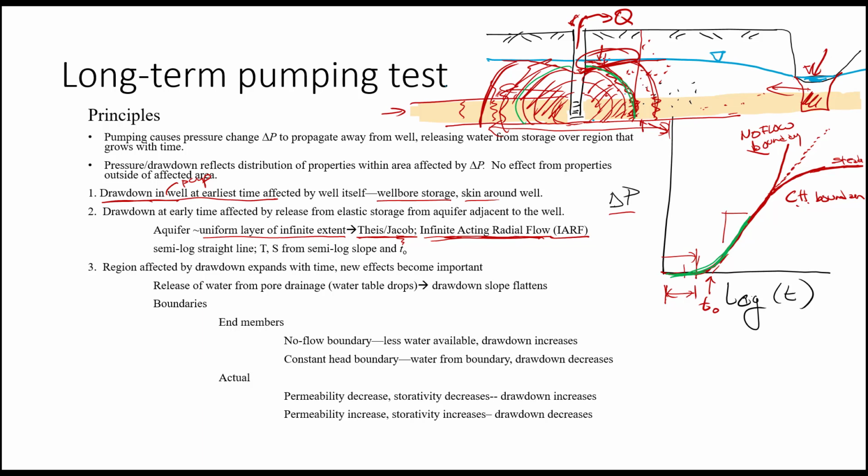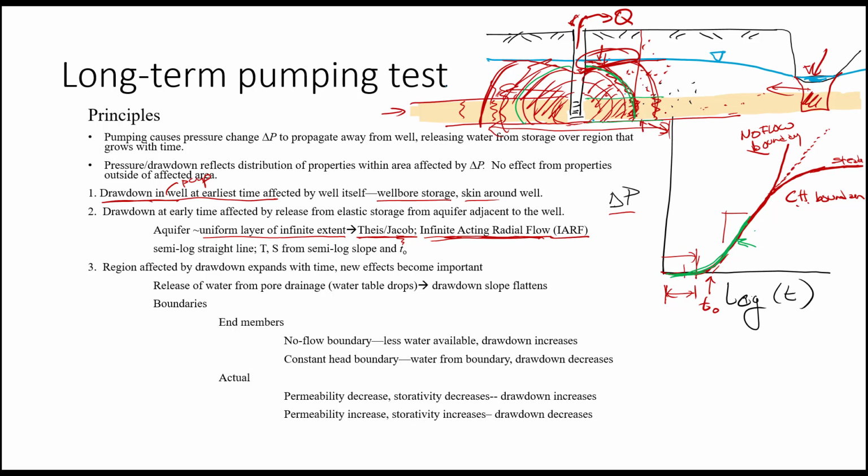It hasn't really affected the water table. Of course, it's not really just infinitely acting radially, so it's not going to be on this line per se. It's going to be slightly different, because remember when we did this line, we had the drawdown confined within this layer, so it'd be a little bit different.